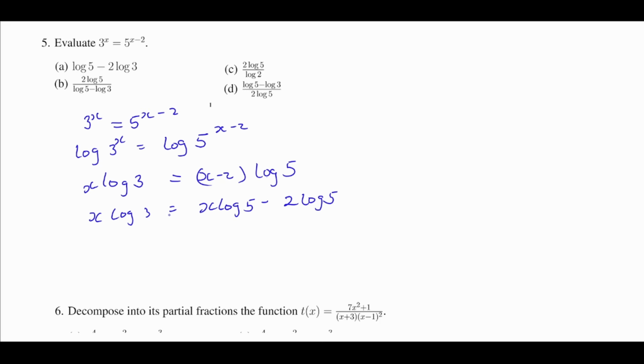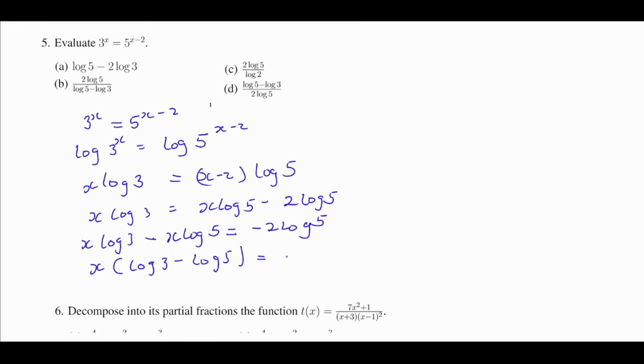Now we group like terms, we put all the x's at one side and then all the other ones that are not there at the other side. So when I'm doing that, I have x log 3 minus x log 5, and then that should give me negative 2 log 5. Now I can factorize x out. If I factorize x out, I'll have log 3 minus log 5. That'll give me negative 2 log 5.